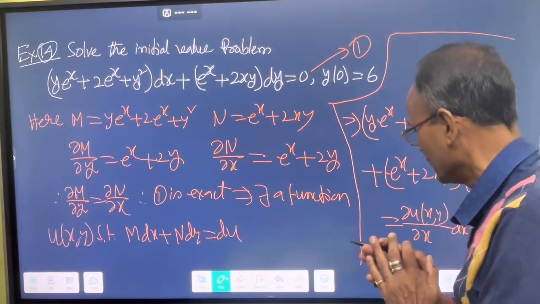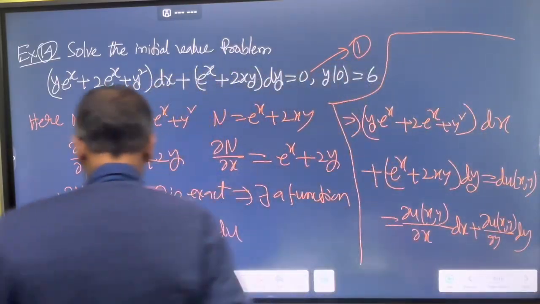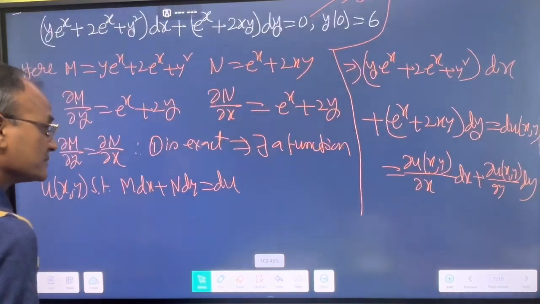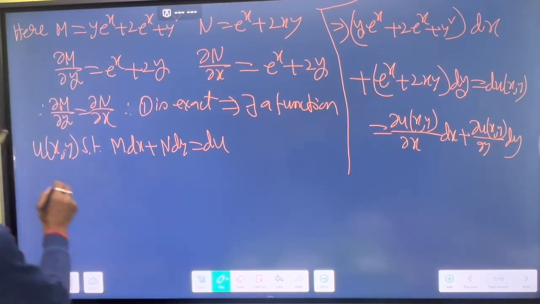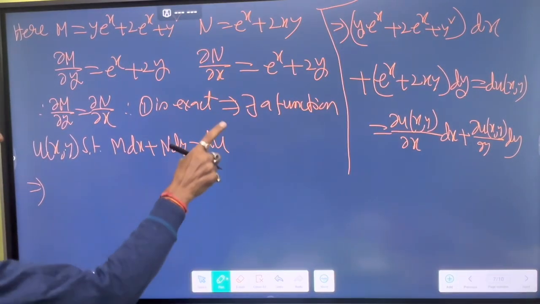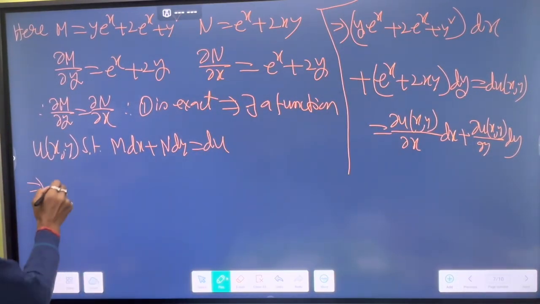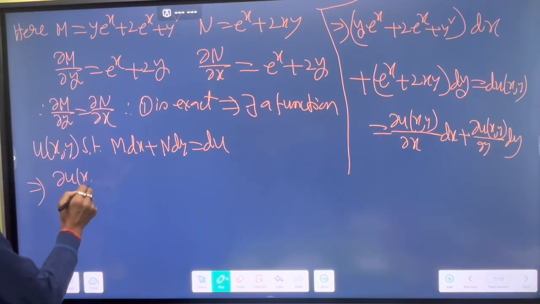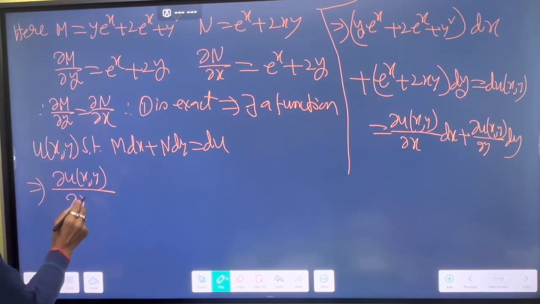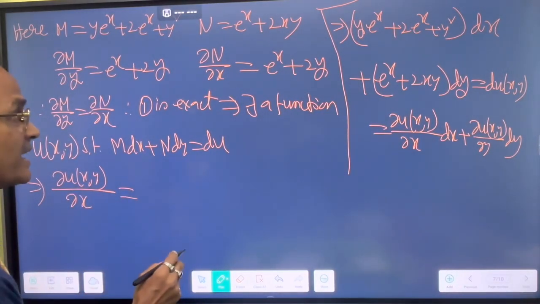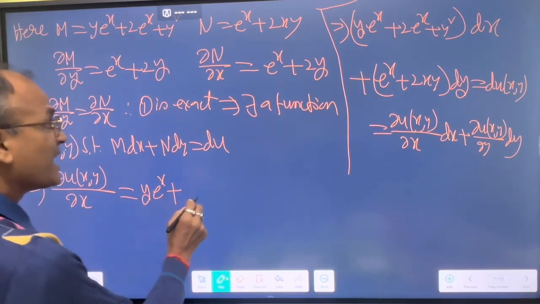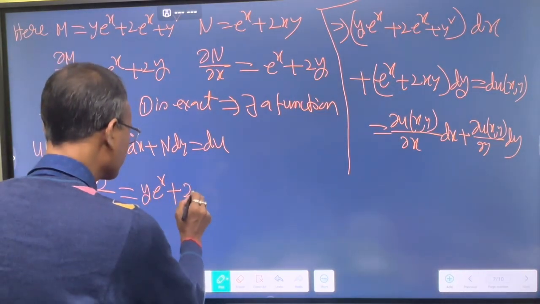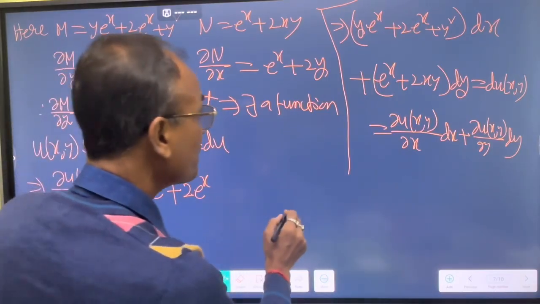Now, this means del U by del x equal to y e to the power x plus twice e to the power x plus y square.